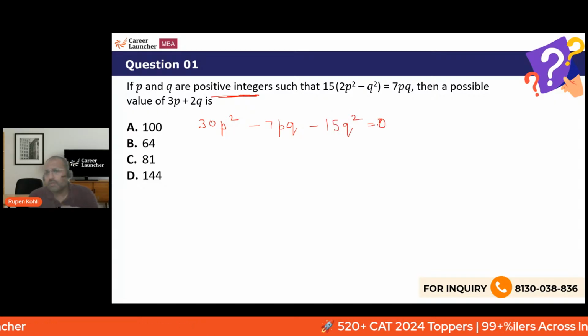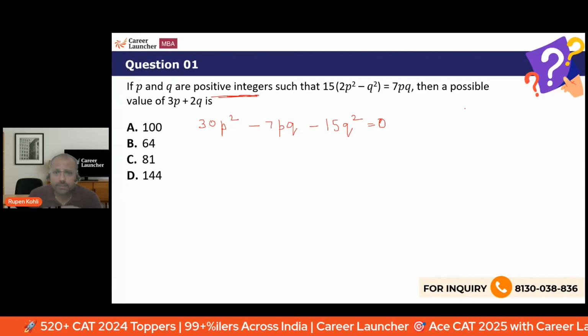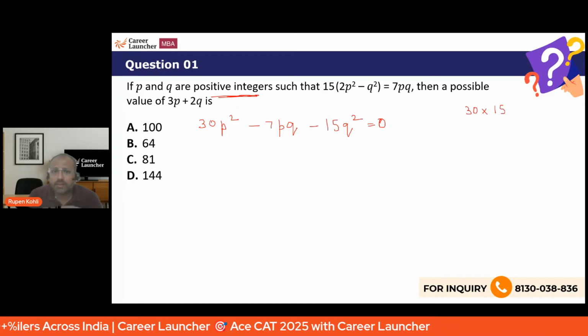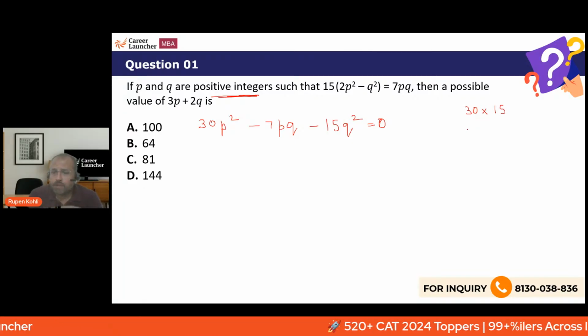Now as we always do with any quadratic, we split the middle term. So 30 into 15 is the product of the extremes. We should try to break the middle term 7 such that the difference of the two factors of 30 into 15 is 7. So 30 into 15 is basically 450.